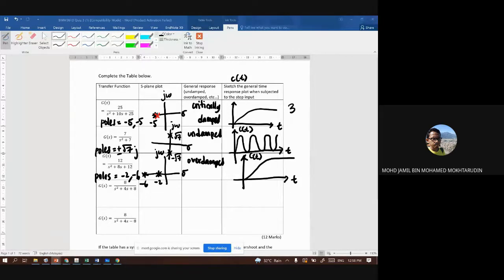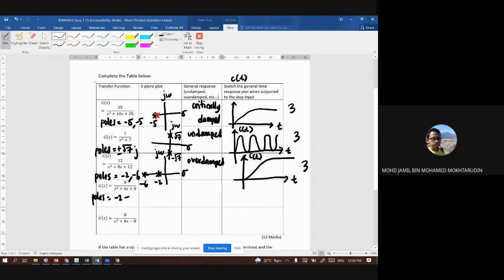Here also 3 marks. And then lastly, G(s) equals 8 divided by s squared plus 4s plus 8. So again, use a calculator.